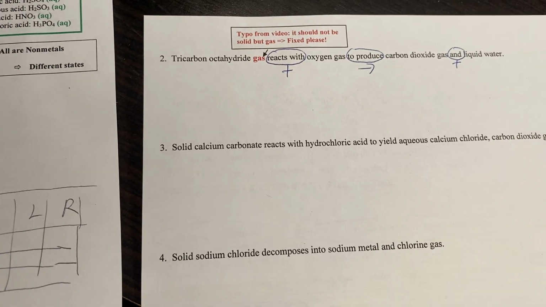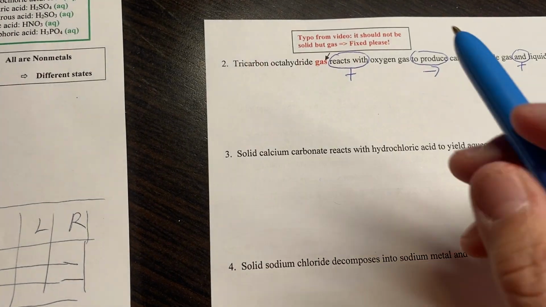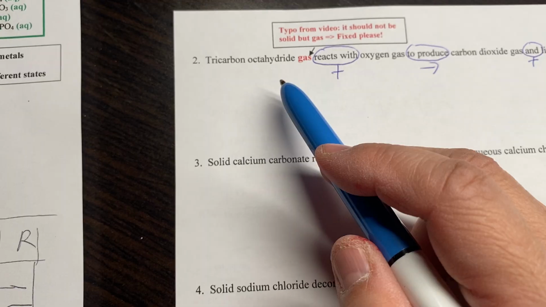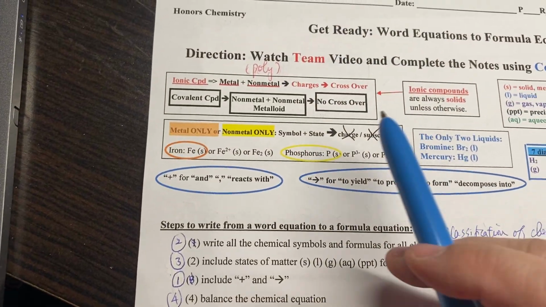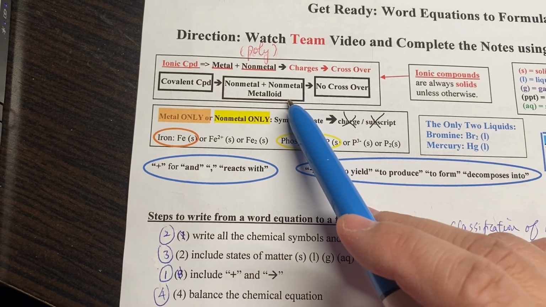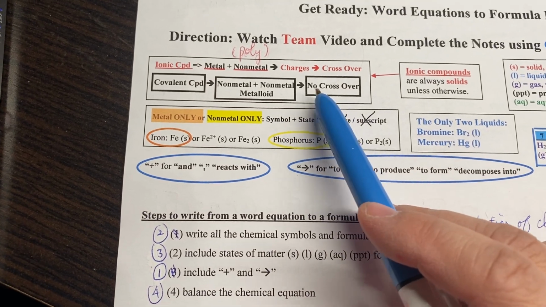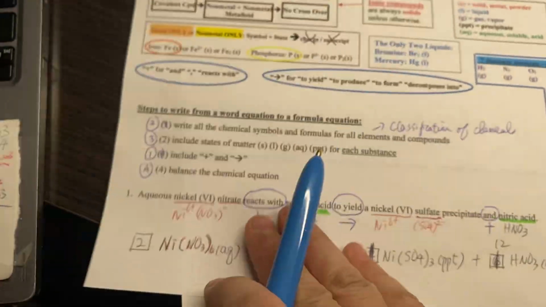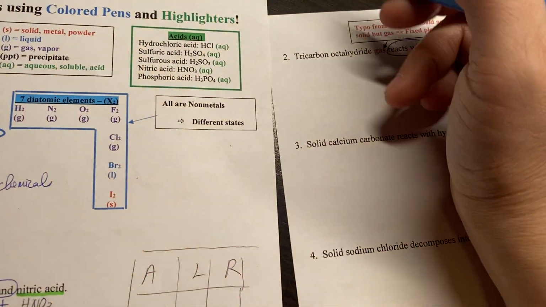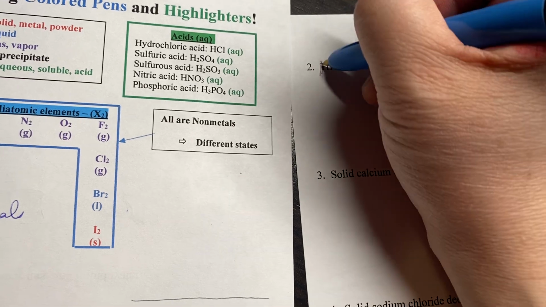And then the next thing is we're going to identify and classify each one. Tricarbon octahydride should be covalent because it has non-metal and non-metal, no metalloid. So we don't have to cross over. We just need to box the whole thing with black pen to indicate that I don't need to separate them.